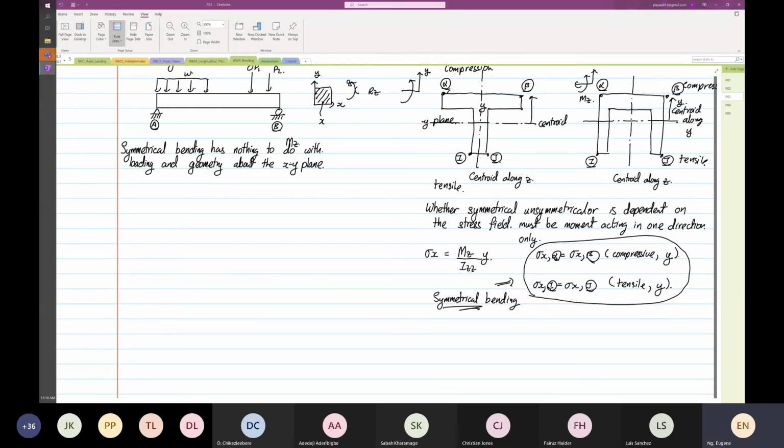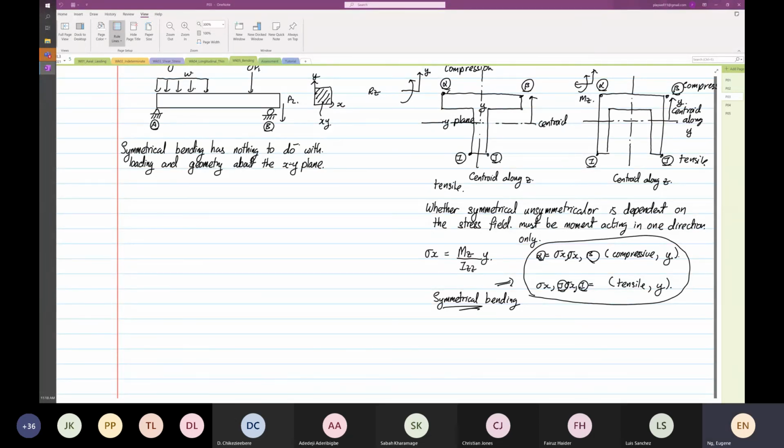Okay, so it has nothing to do with how the geometry has been loaded.